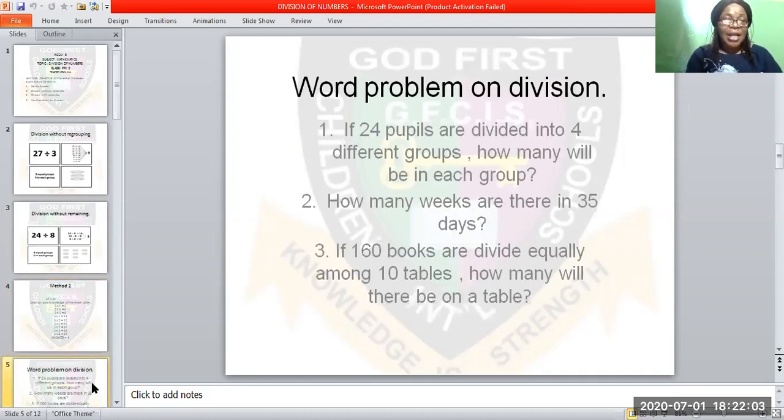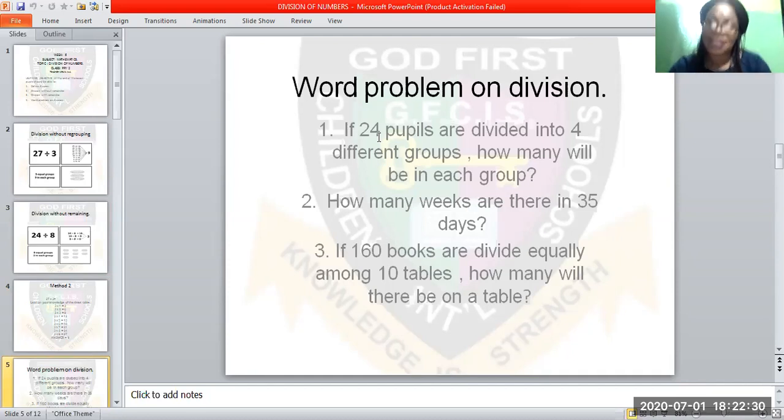We go on. Let's look at the word problem that we have. In this way, we must be able to understand the questions posed, and then be able to attend to such questions as they come up.